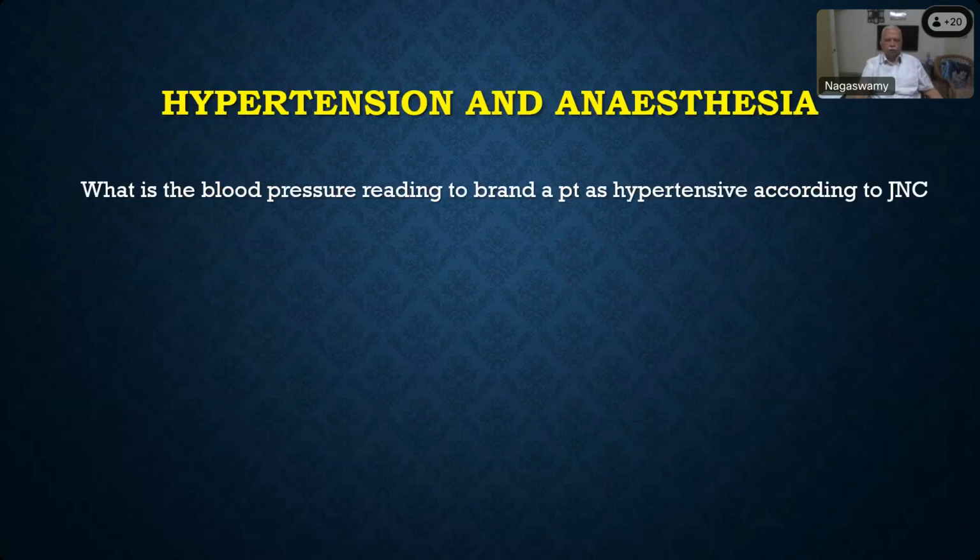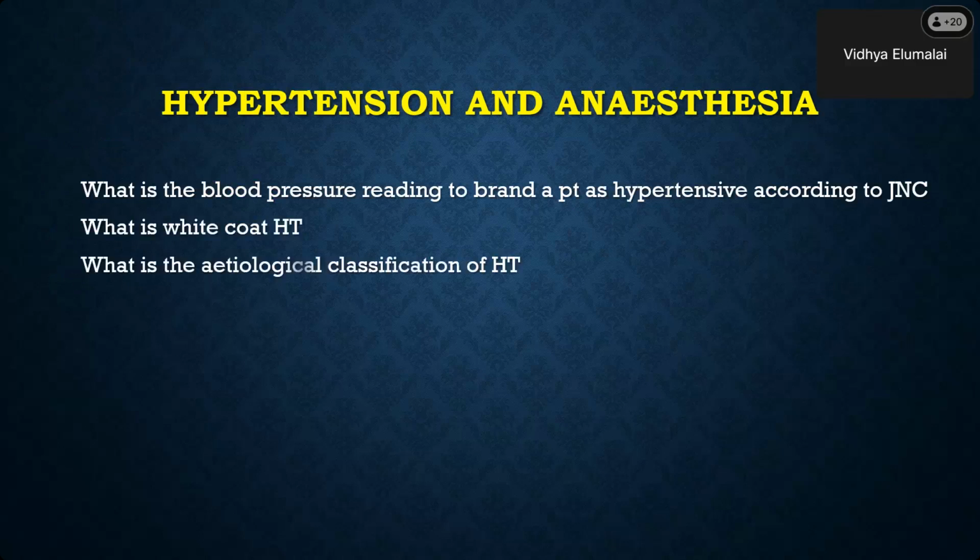So what is the blood pressure reading to label a patient as hypertensive according to the Joint National Council on Hypertension? What is the minimum value? More than 130/80. So what is white coat hypertension? That also we have discussed. What is the etiological classification of hypertension?